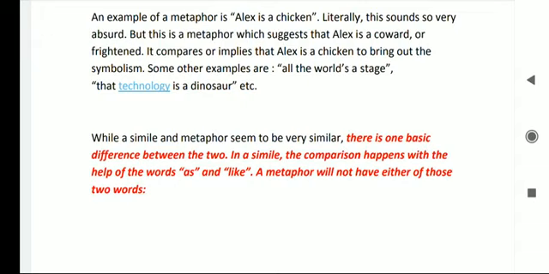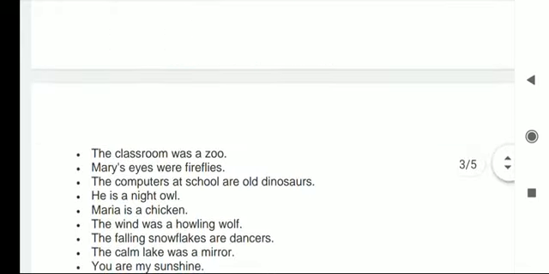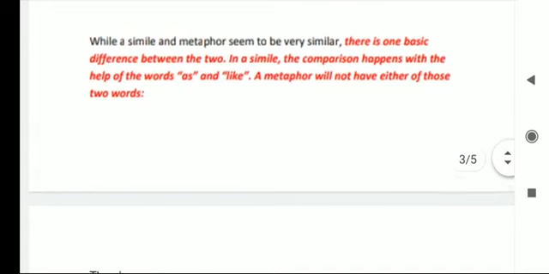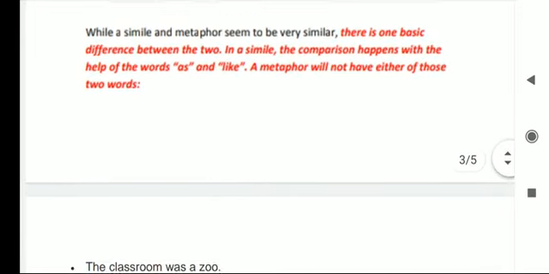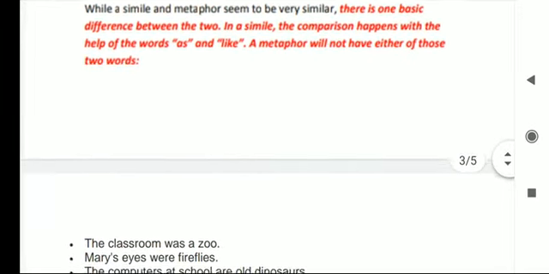In a simile, the comparison happens with the help of the words as and like. A metaphor will not have either of those two words, right? This is a big difference which makes the difference between metaphor and simile.